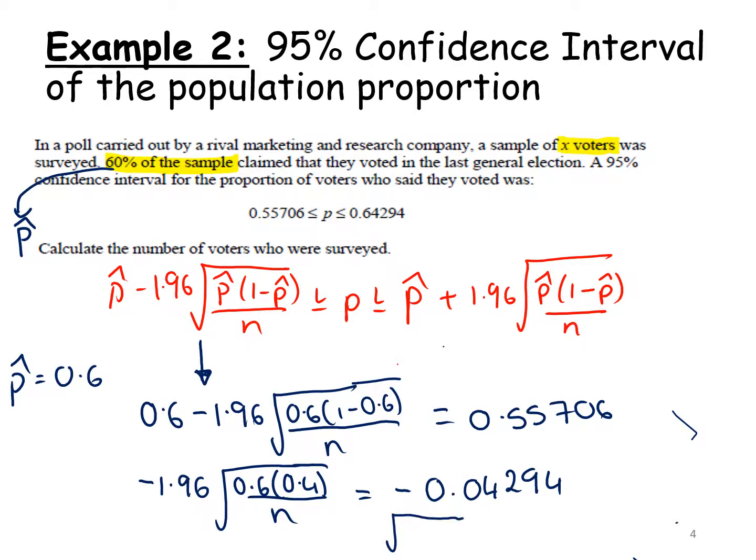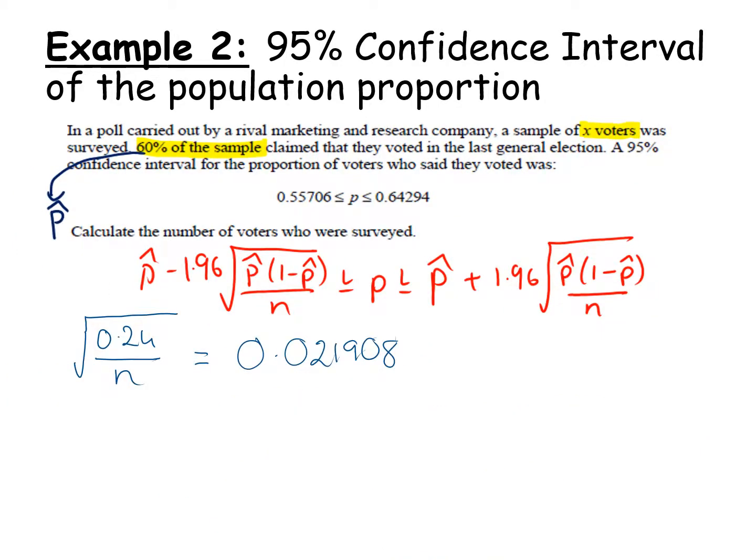So we have the square root of 0.6 times 0.4, that's 0.24, all over n is equal to 0.021908. Okay, so I'll just clear this and we will continue on. If you need a second, maybe pause the video to take down to here before I clear the screen.